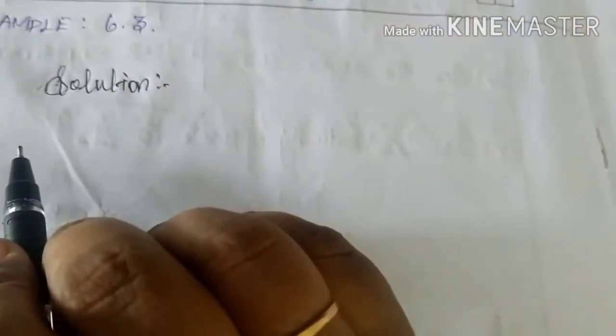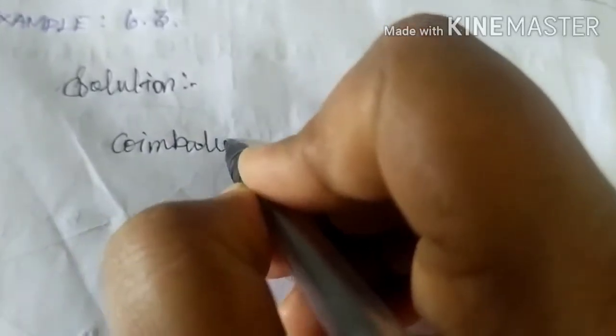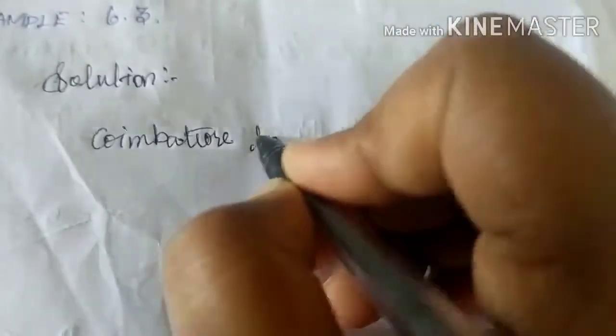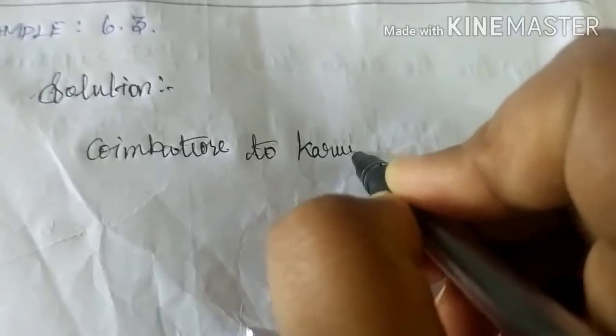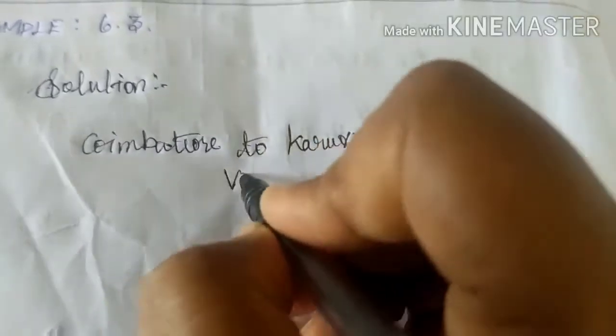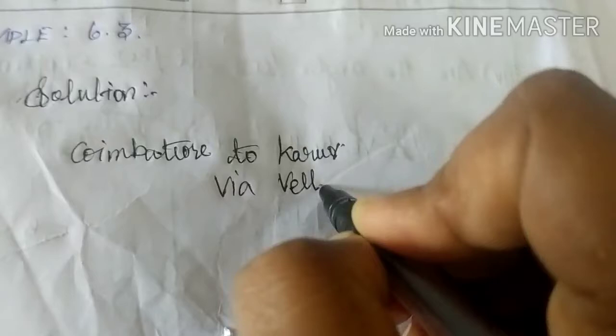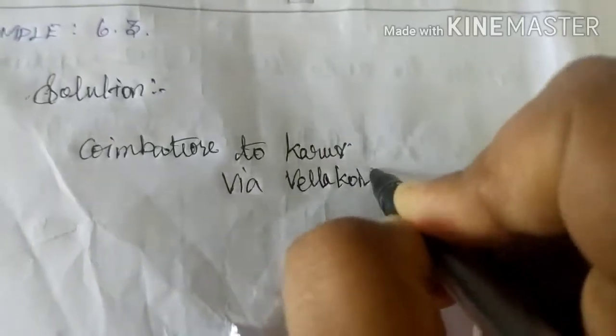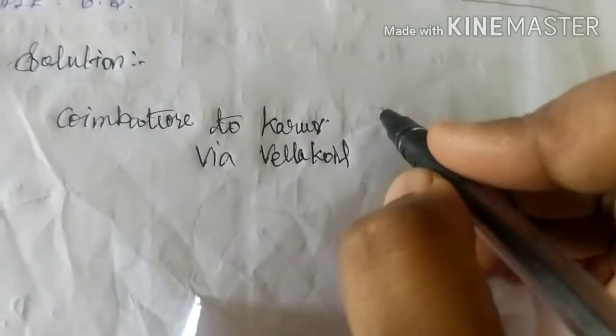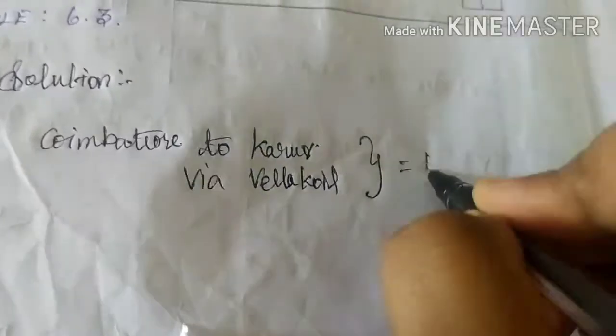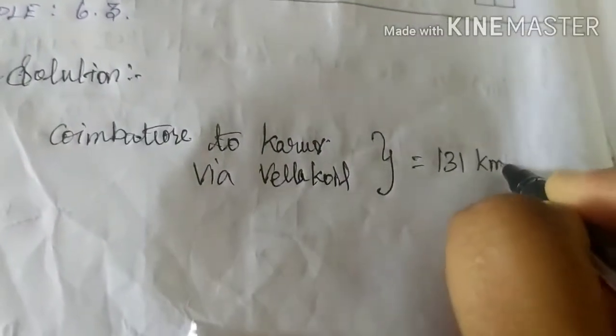Okay, first distance traveled by Madan from Coimbatore to Karur via Vellakoil. Next, okay, what they have given is 131 kilometer.